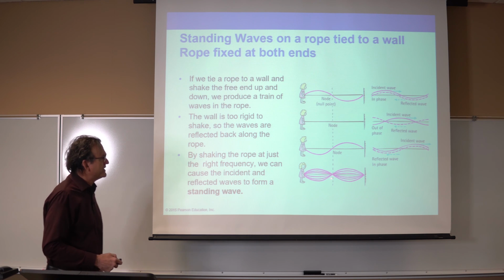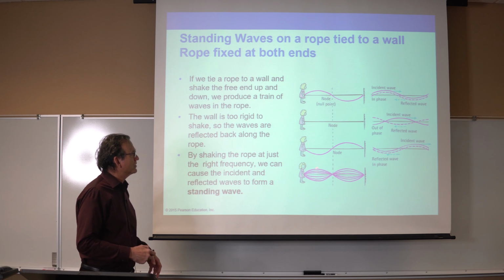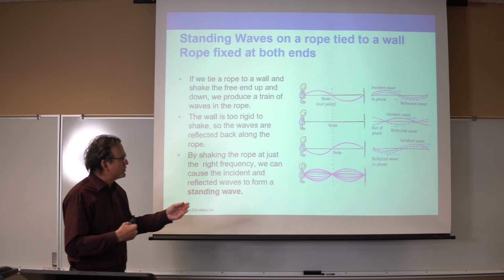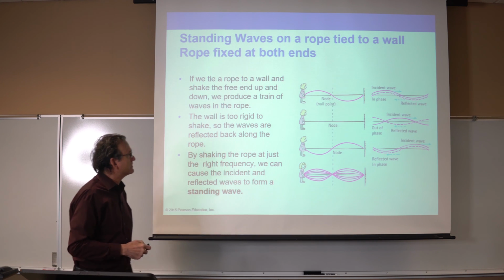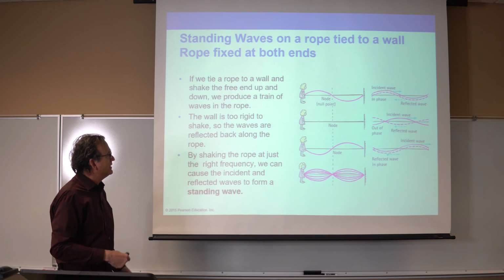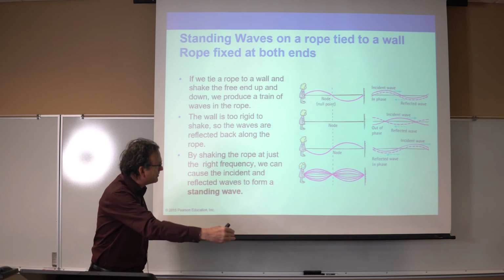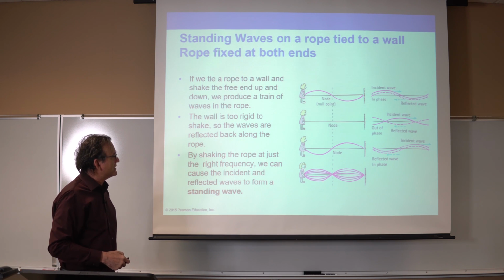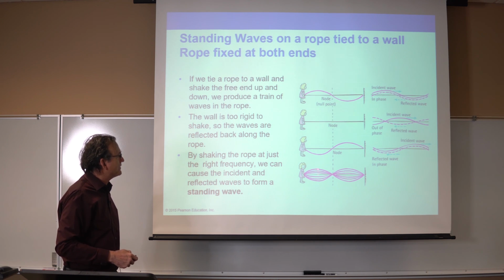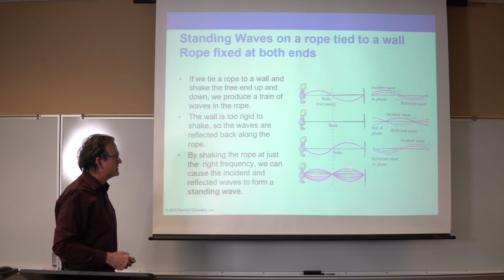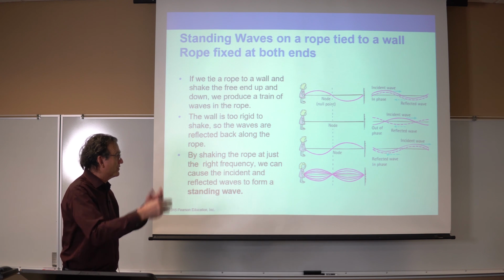And the reason it's called standing is because you don't really see the motion of two waves moving. It's not like this full sine wave of the rope is propagating downward. Rather, we see 1 point in the middle that never moves at all, and the points at this distance and this distance are doing their oscillation.